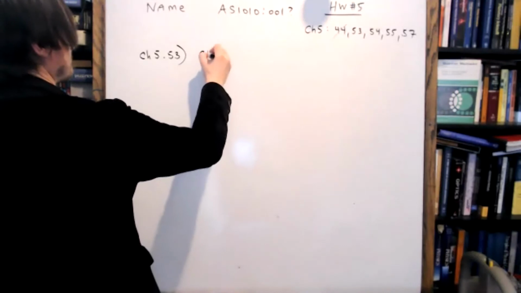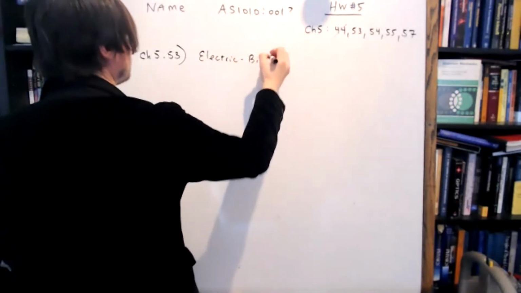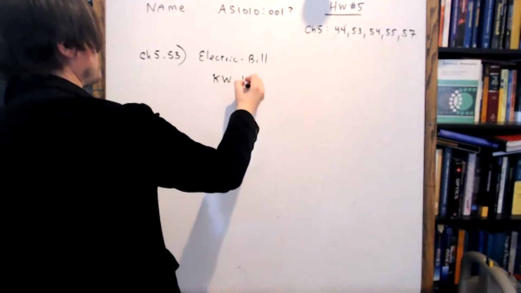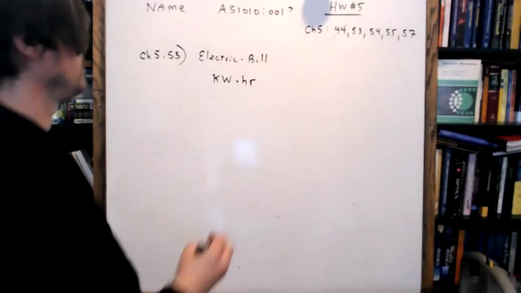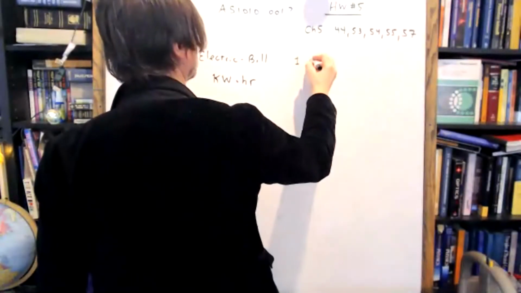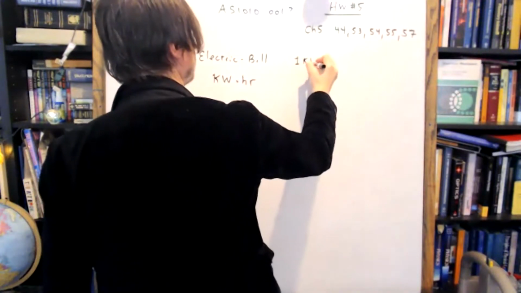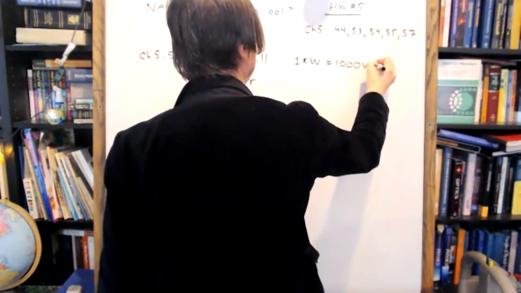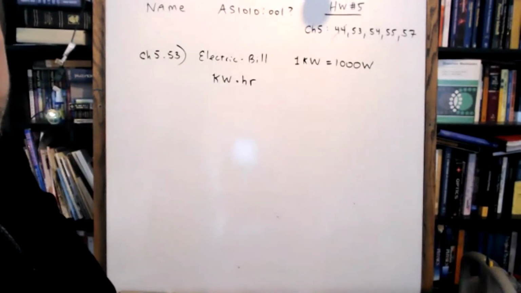Your electric utility bill probably shows your energy use for the month in units of kilowatt hours. A kilowatt hour is defined as the energy used in 1 hour at a rate of 1 kilowatt, which is 1,000 watts. That is, 1 kilowatt hour is 1 kilowatt times 1 hour. Use this fact to convert 1 kilowatt hour into joules. If your bill says you use 900 kilowatt hours, how much energy did you use in joules?